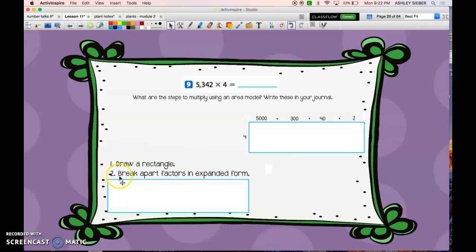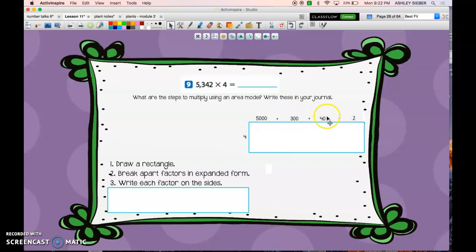So I hope you wrote step 2, break apart factors in expanded form. Step 3, write each factor on the sides. Well, that's kind of part of step 2. As you break apart the numbers, we're going to be writing them on the sides of our rectangle.